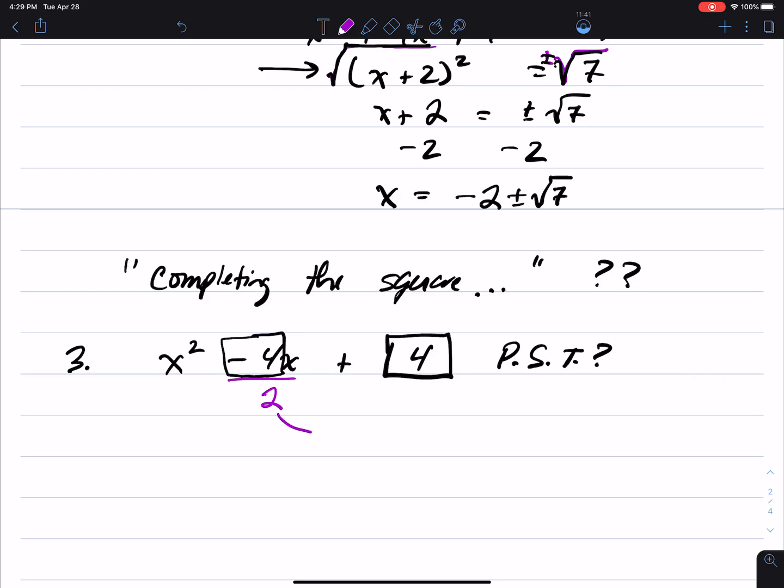That would give you negative 2, right? And then what are you going to do with that negative 2? You're going to square it, and that's going to give you that mystery value of 4. And that completes the square. It makes it a completed perfect square trinomial, all right? That's the idea behind doing that.